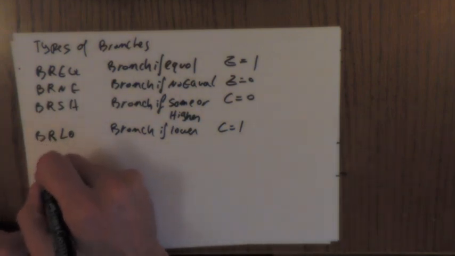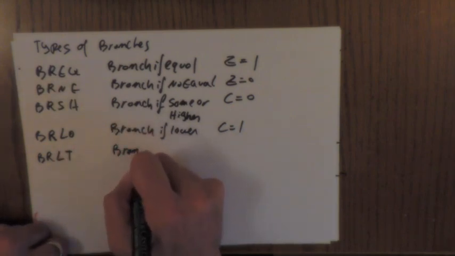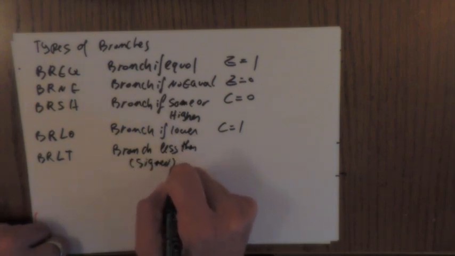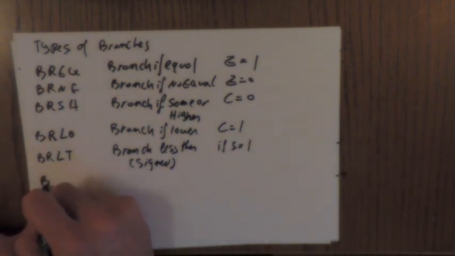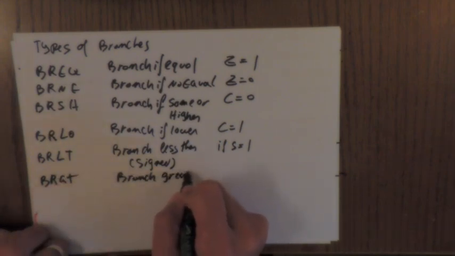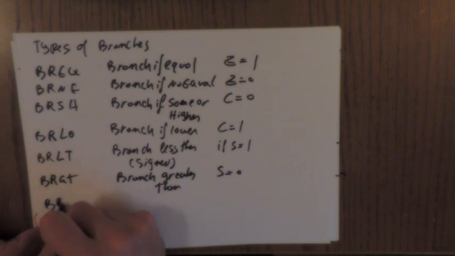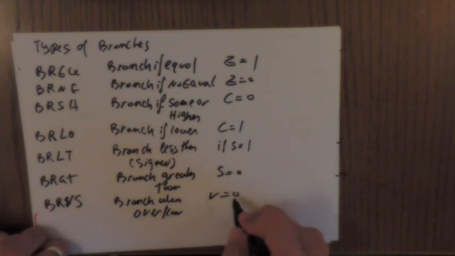We have also branch if less than for signed. This happens when S equals 1. We have branch if greater than or equal, this happens when S equals 0. BRVS, branch when overflow, this happens when V equals 1, excuse me, it should be 1.